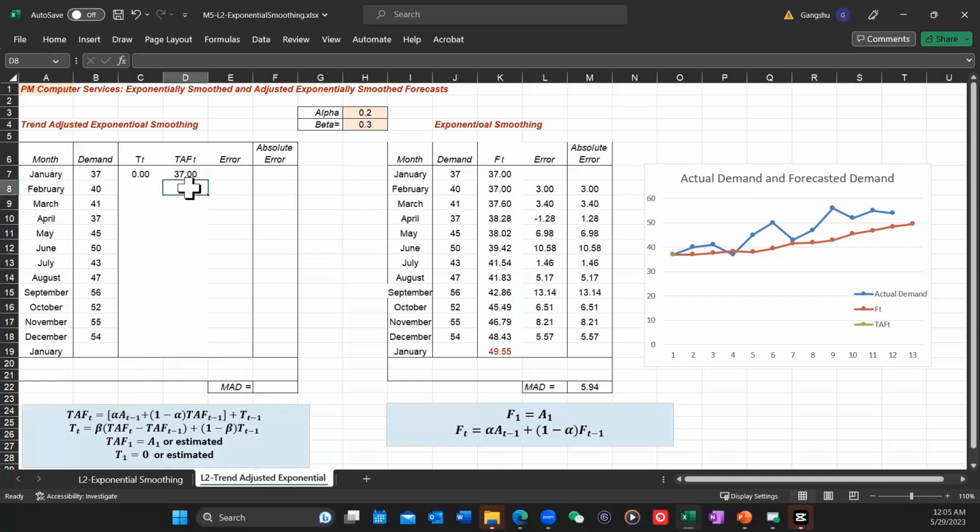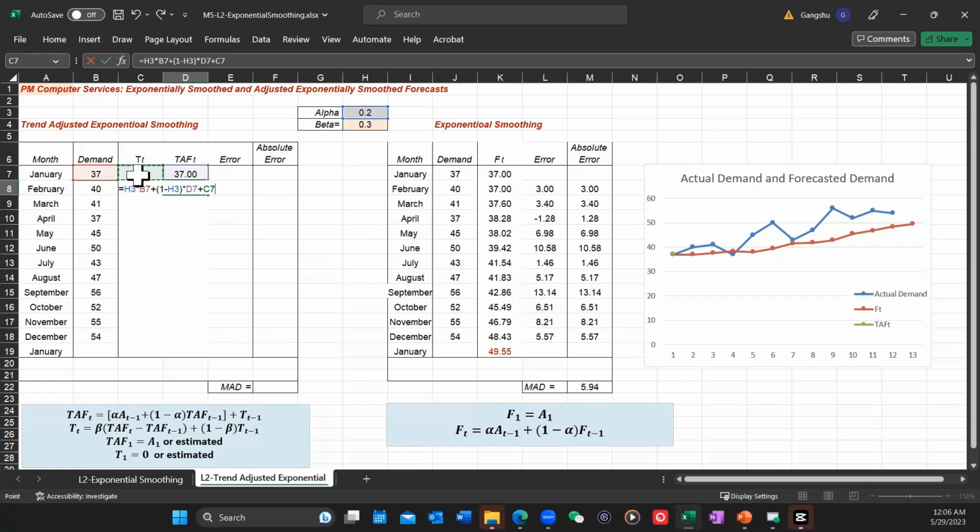Now, let us follow the equation of the trend-adjusted exponential smoothing, okay? So we are going to call the function of alpha times A sub t minus 1 plus 1 minus alpha times the previous period's forecasted data point plus the previous period's trend.